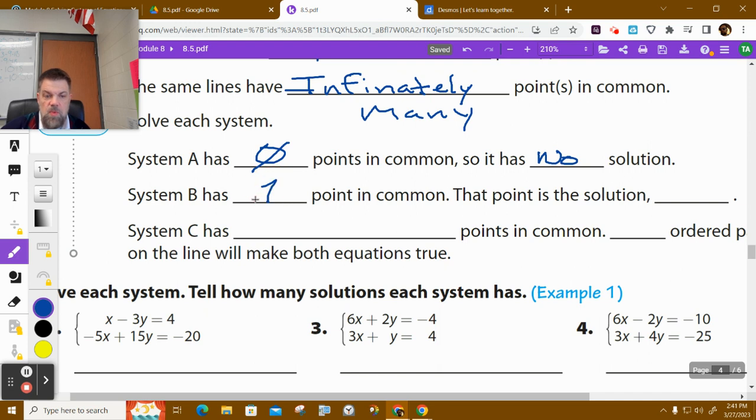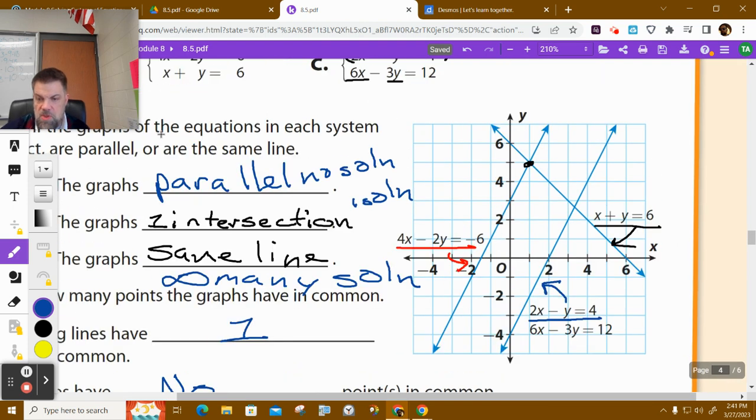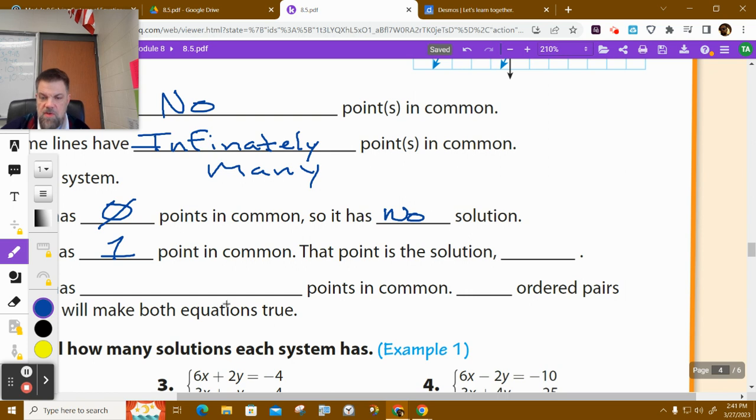System B has 1 point in common, so that point is the solution right here, which is what? What does that look like? 1, 5? Yeah? So that would be 1, 5.